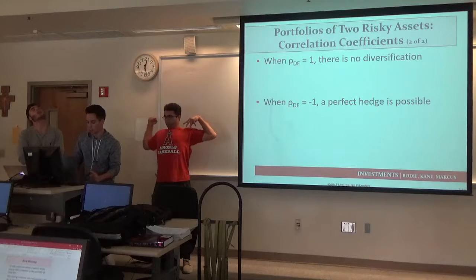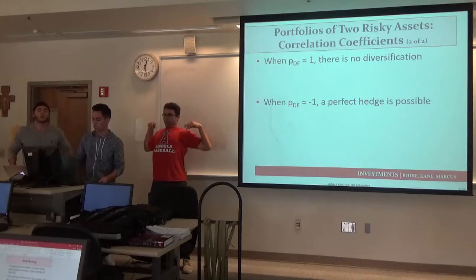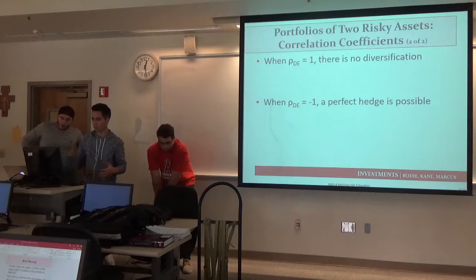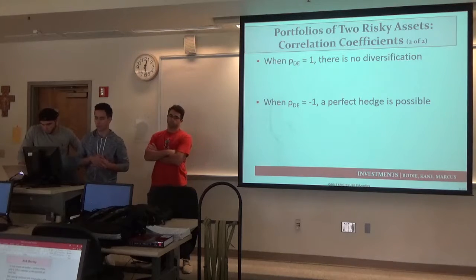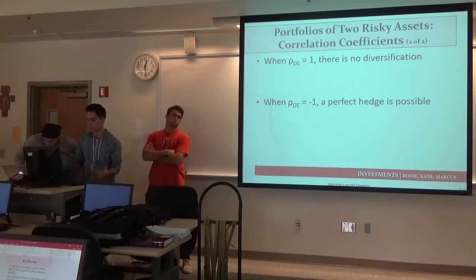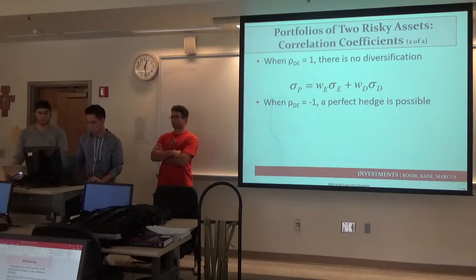Within a portfolio, if it equals 1, that means there's no diversification. In other words, both assets in the portfolio do the same thing, so it's bad if they both go bad. And if -1, then you can have a perfect hedge. There's the formula.